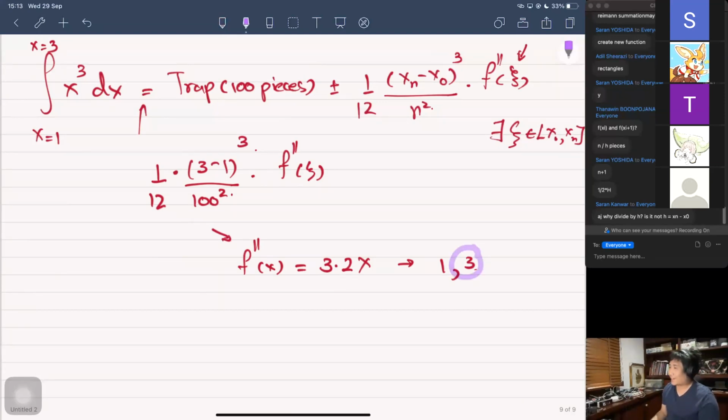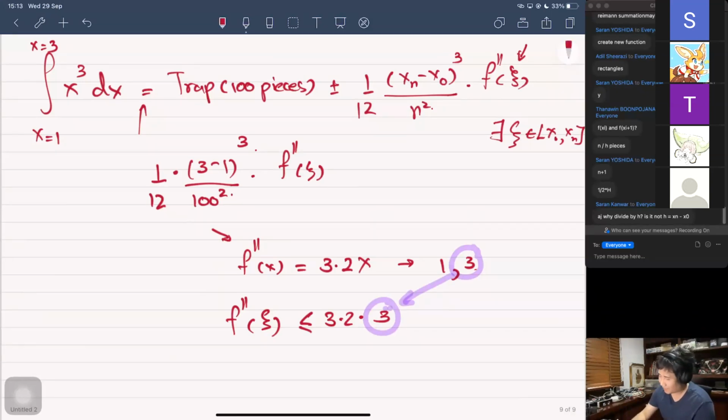It's positive, so we don't really care about absolute value. So f double prime of c, whatever that c is, is less than or equal to 3 times 2 times 3.